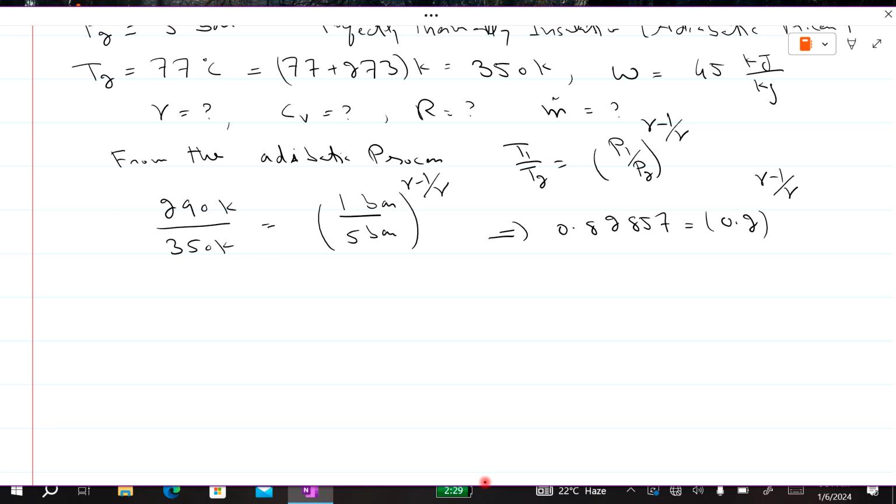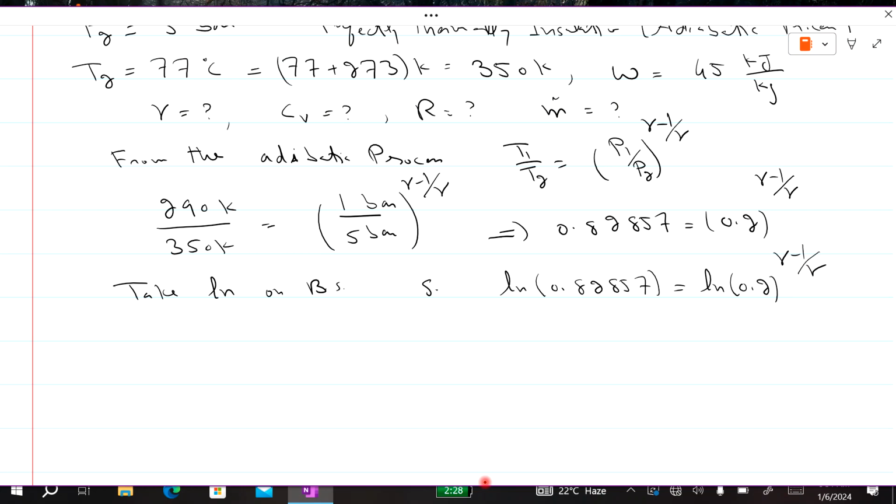To solve this type of equation, take the natural log on both sides. So natural log of 0.82857 is equal to natural log of 0.2 to the power gamma minus 1 divided by gamma.